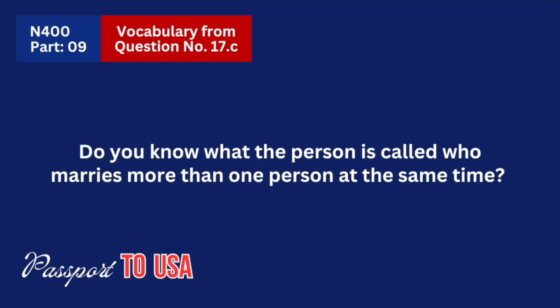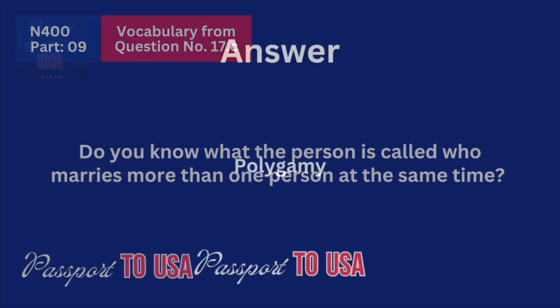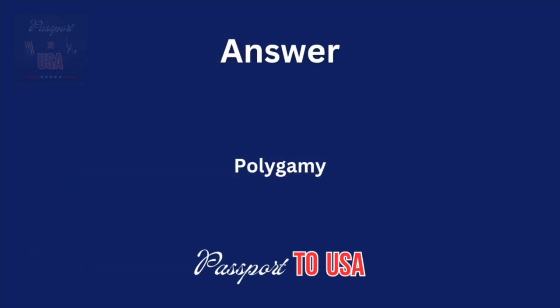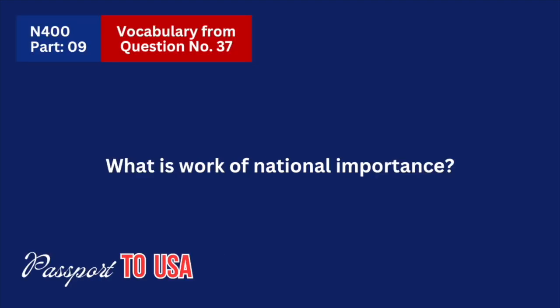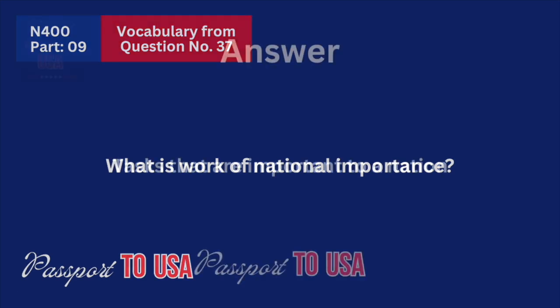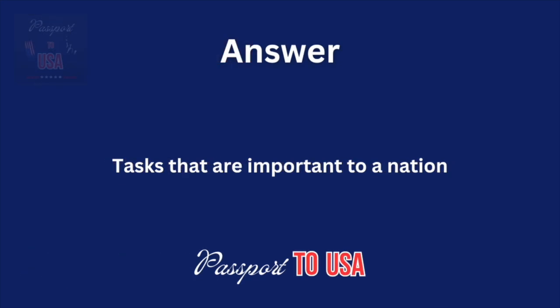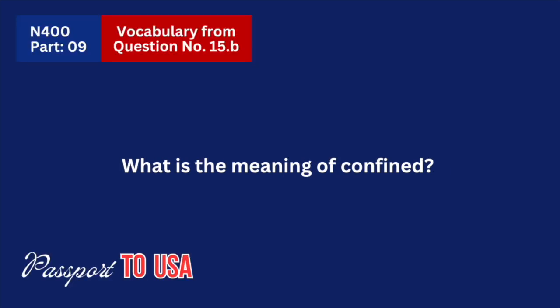Do you know what the person is called who marries more than one person at the same time? Polygamy. What is work of national importance? Tasks that are important to a nation. What is the meaning of confined?